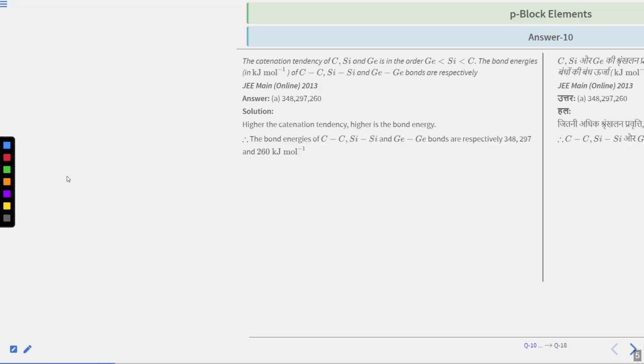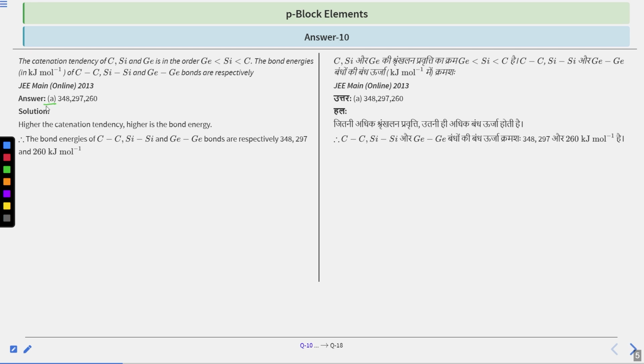Let's see. The correct answer is option A, that is 348, 297, 260. Higher the catenation tendency, higher is the bond energy. This is the concept we will use here: if for any atom the catenation tendency is higher, its bond energy will be higher because its tendency to make a bond with a similar kind of atom is higher.